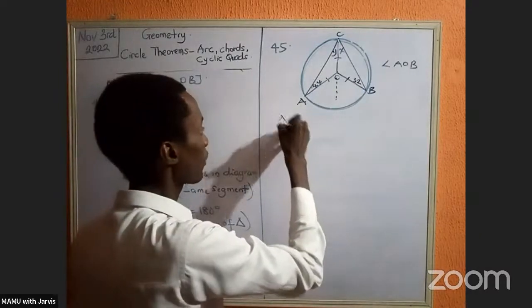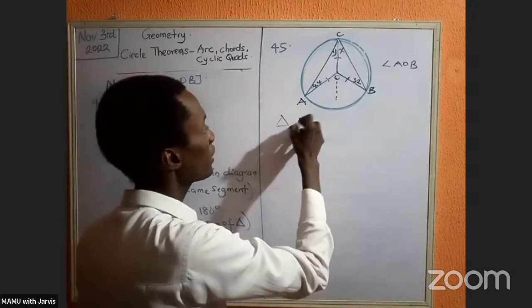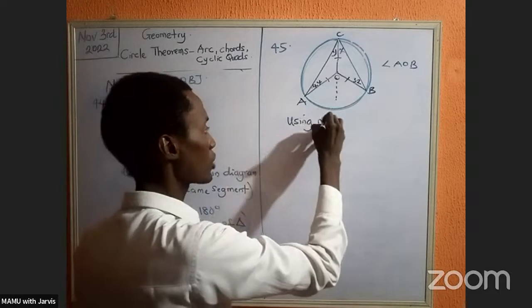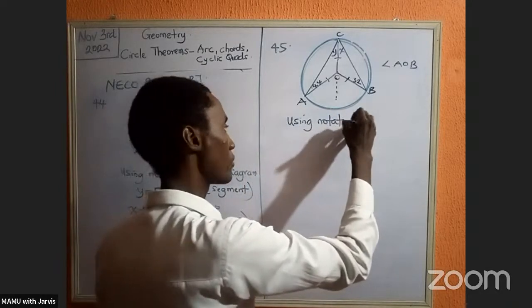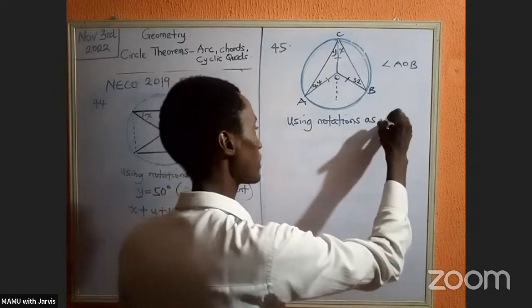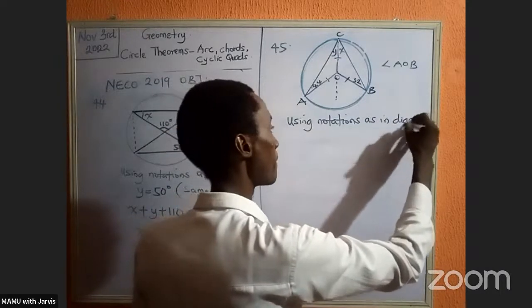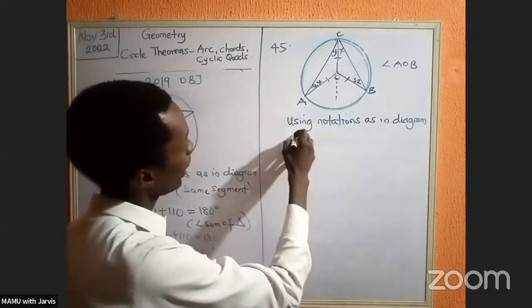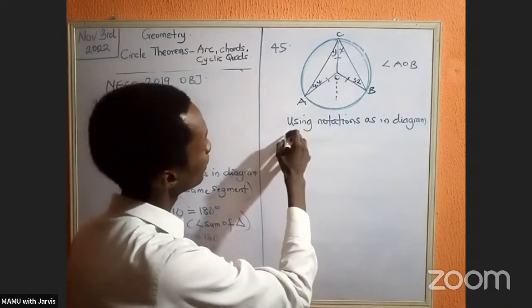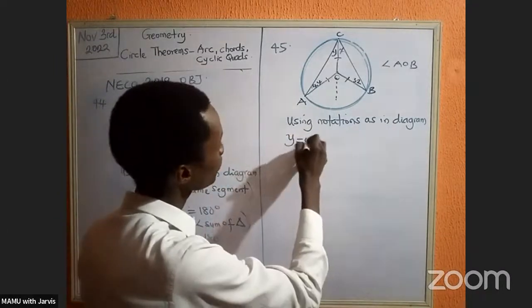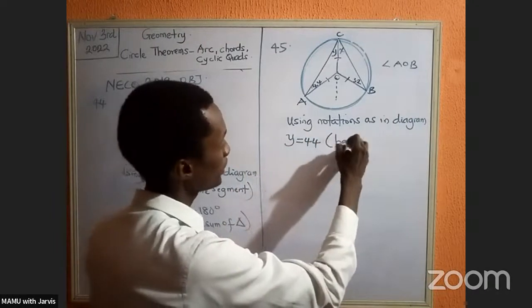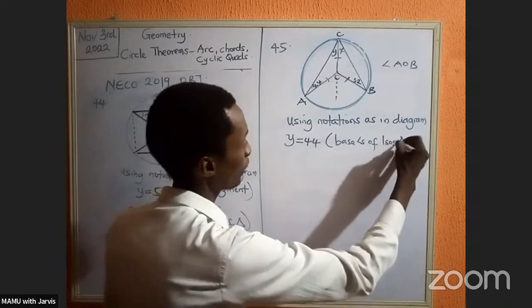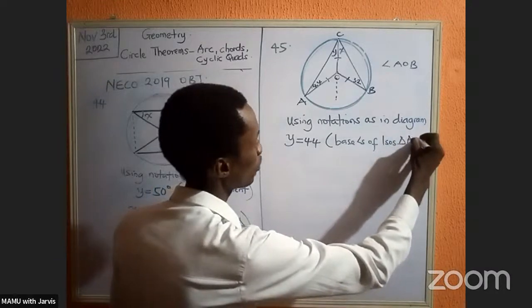Using notations as in diagram, Y will be equal to 44, base angles of isosceles triangle AOC.